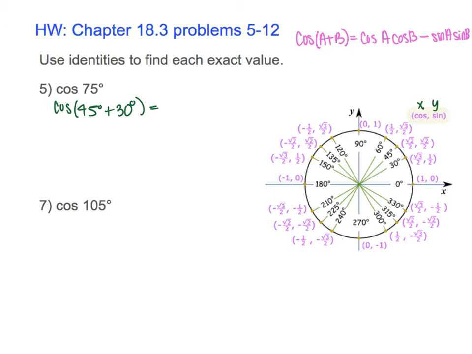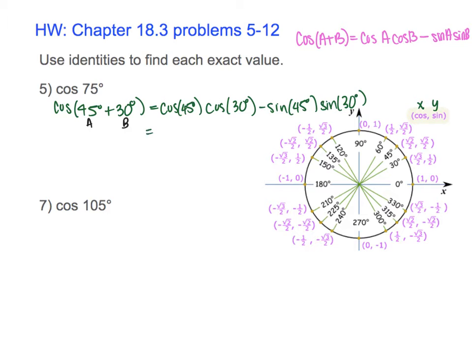So my A here would be 45 and my B here would be 30. So cosine of 45 degrees times cosine of 30 degrees, minus sine of 45 degrees and then sine of 30 degrees.